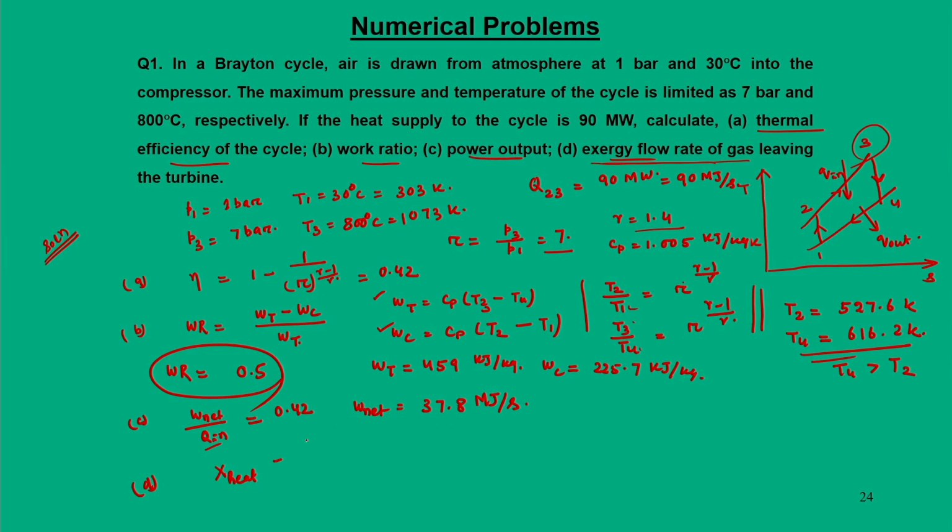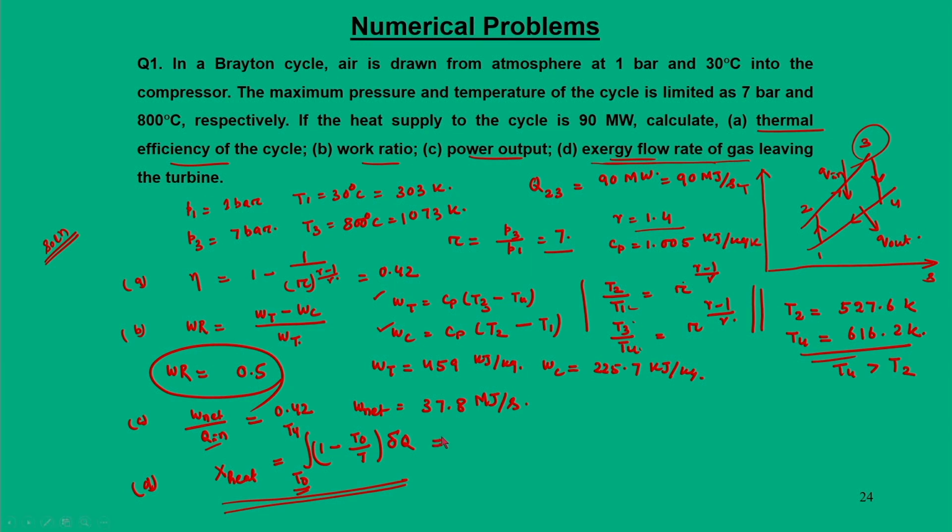that can be written as the integration of, that means you have to see what the ambient temperature is, that is T0, and what your final temperature is, that is T4, of 1 minus T0 by T delta Q. So, this is the expression for exergy which comes out of heat.